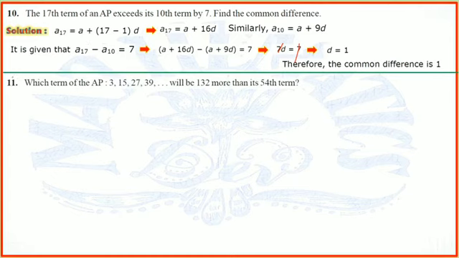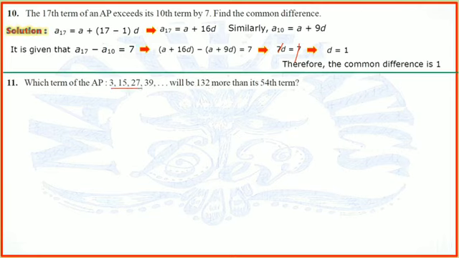Next is question number 11. Which term of the AP 3, 15, 27, 39 will be 132 more than its 54th term? So again, you need to read this question once more and try to understand what it means.